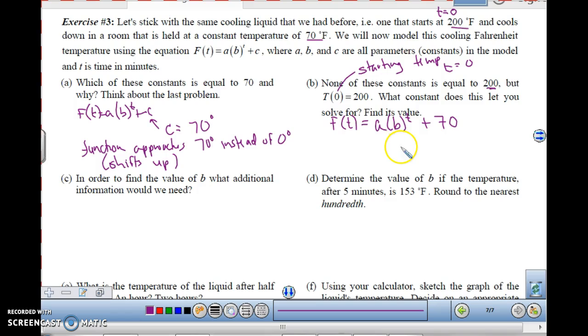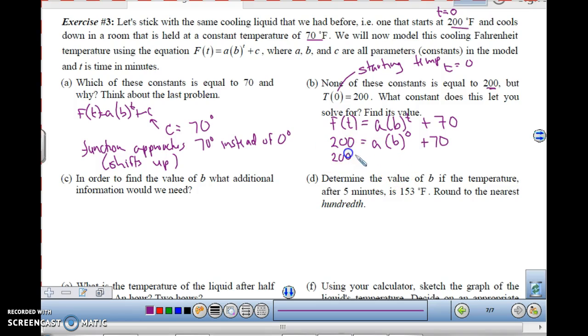All right, let's plug in T equals 0. F of 0 we know is 200. So 200 equals A times B to the 0 plus 70. What's B to the 0 equal to? That's equal to 1.